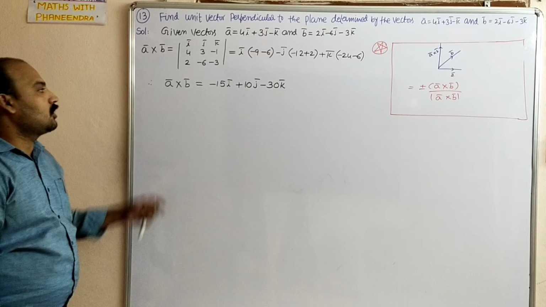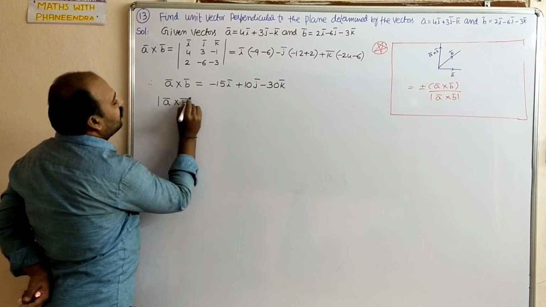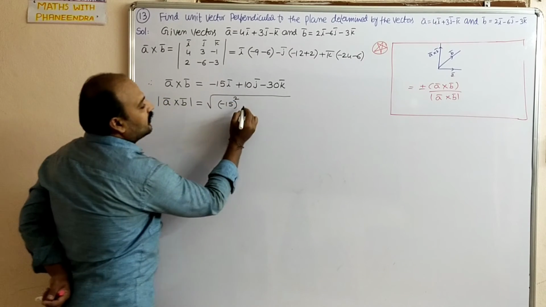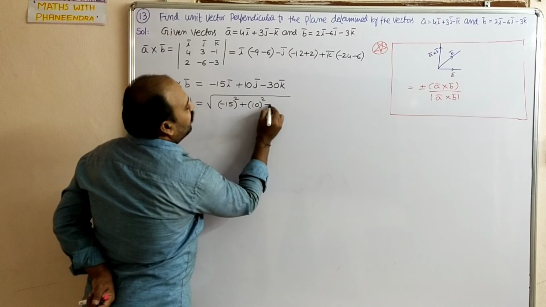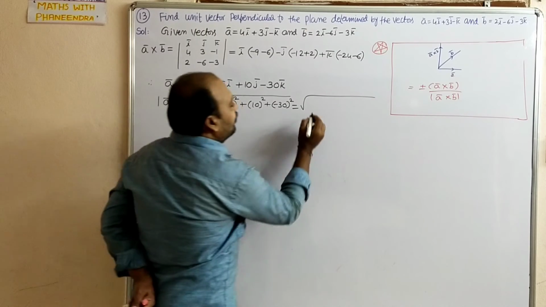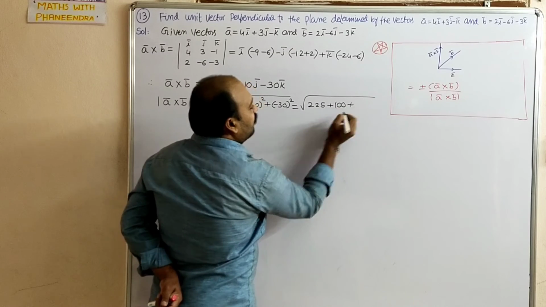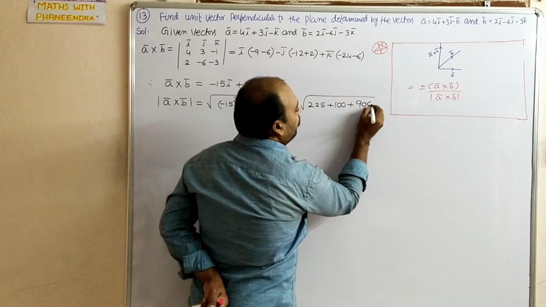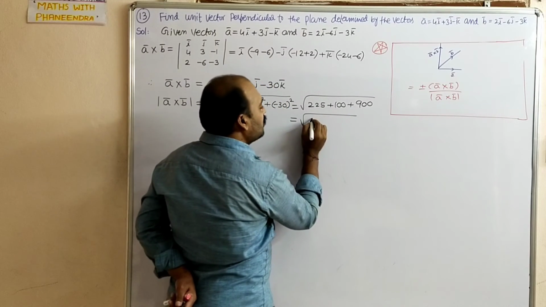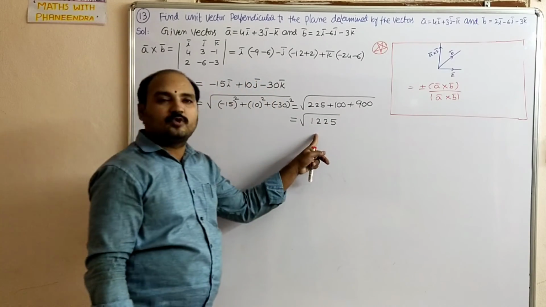After that, calculate the magnitude of A bar cross B bar, which is equal to square root of minus 15 whole square plus 10 square plus minus 30 whole square, which is equal to square root of 15 square 225 plus 10 square 100 plus 30 square 900, which is equal to square root of 1225. So how to find out the square root of 1225?